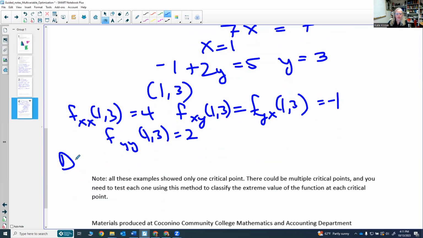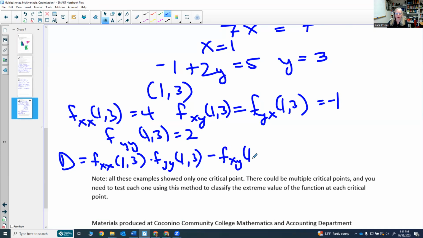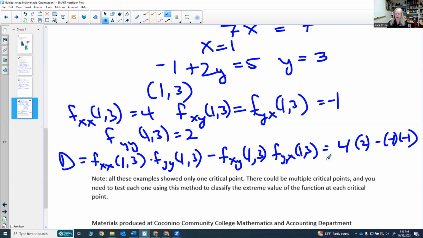That says D is equal to f sub xx at 1, 3 times f sub yy at 1, 3 minus f sub xy at 1, 3 times f sub yx at 1, 3, which is going to equal 4 times 2 minus negative 1 times negative 1, and that's going to equal 7, which is greater than 0.